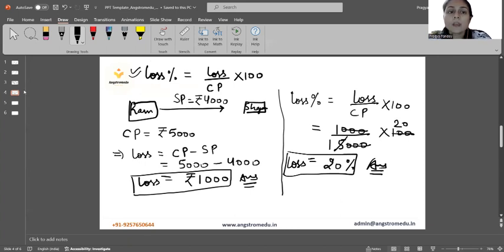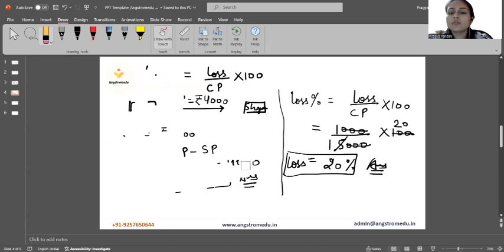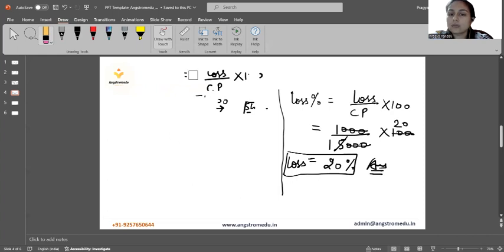So let's work upon the things together. This time we will solve some numerical questions, using the formulas which we have studied till now.